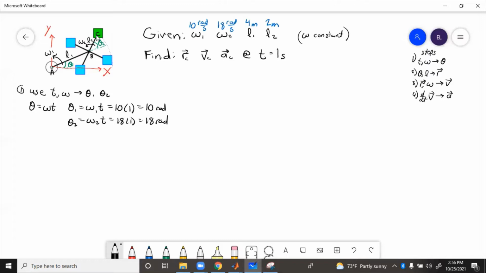Now, to get the angle that the car is with respect to the x-axis, we're going to end up adding these two angles together, because theta 2 is given relative to link 1. So if we want theta 2 relative to ground, we have to add theta 1. Let's go ahead and find that. Call it theta 1, 2.